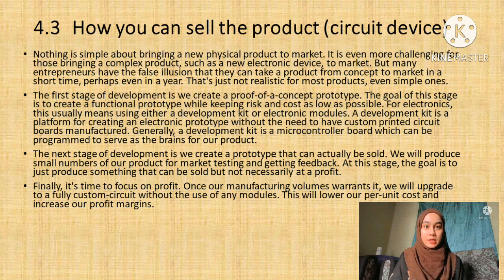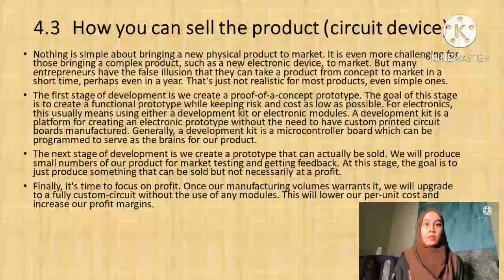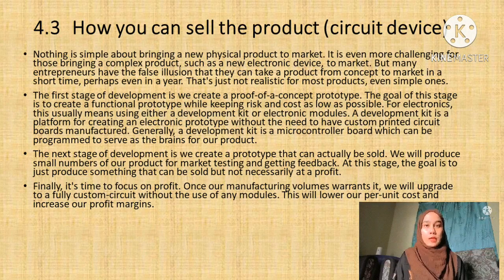At this stage, the goal is just to produce something that can be sold, but not necessarily at a profit. Last but not least, it is time to focus on profit. Once our manufacturing volume warrants it, we will upgrade to a fully custom circuit without the use of any modules. This will lower our per unit cost and increase our profit margins.